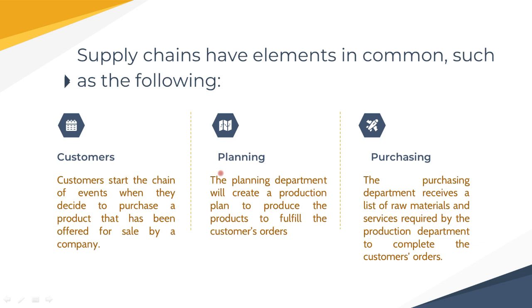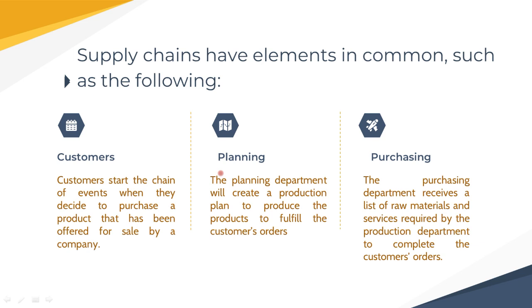So the next element is the purchasing. When we say purchasing, the purchasing department receives the list of raw materials and services required by the production department to complete the customer's order. So dito sa purchasing, from the word itself, we need to enlist.